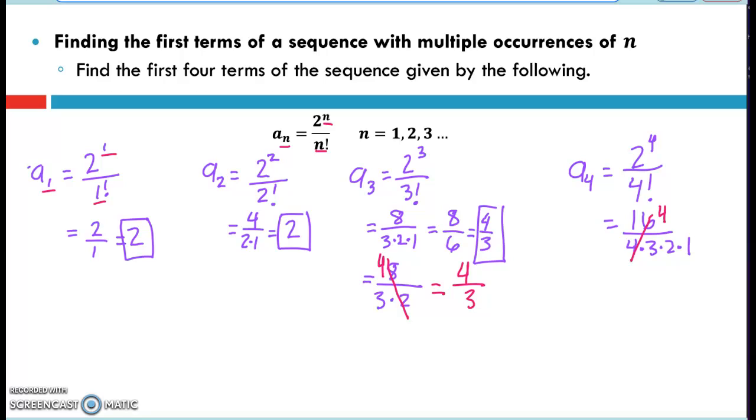So that equals 4 divided by 3 times 2 times 1. Now I have a 4 divided by 2. That reduces again to a 2 in the numerator. So this is equal to 2/3. So there are my first 4 terms of this sequence with the factorials.